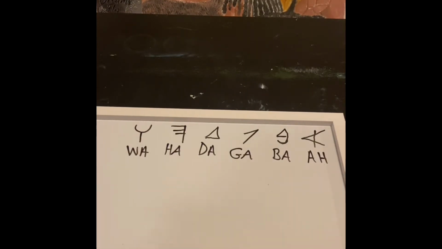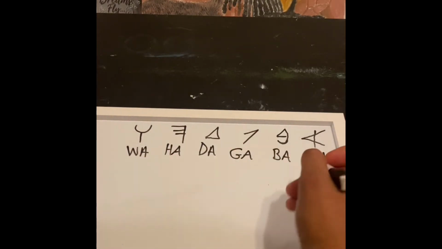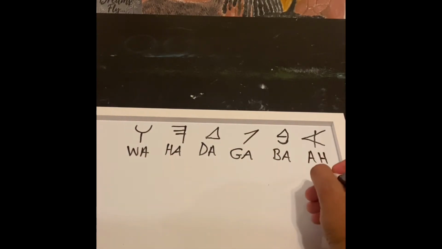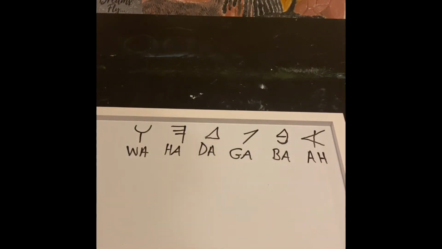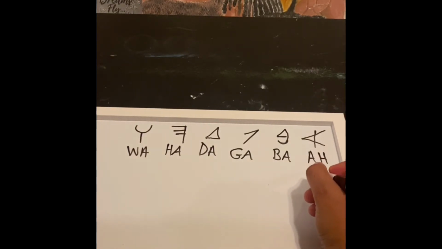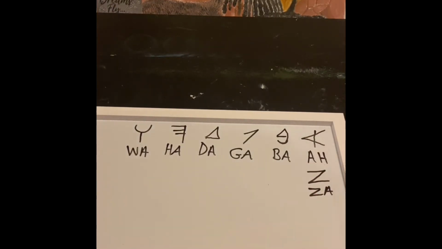So we're going to go to character Za. Again, from right to left. Character Za looks like a Z, and it means plow, weapon, or to cut off.